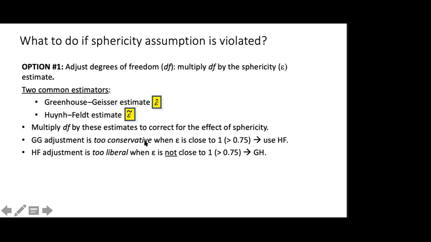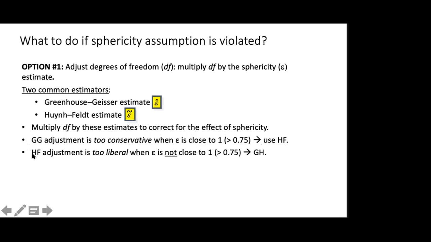There are certain rules of thumb. It's important to keep in mind that the Greenhouse-Geisser estimate is more conservative, and it's probably too conservative when your epsilon is close to 1, meaning when you have a minor violation of the sphericity assumption. So a general rule is, if your epsilon is larger than 0.75, use Huynh-Feldt.